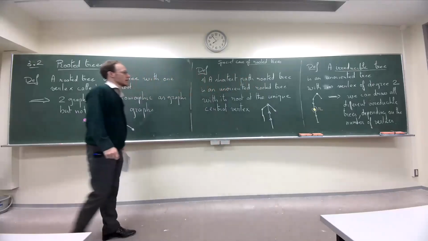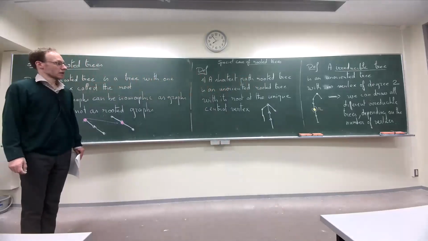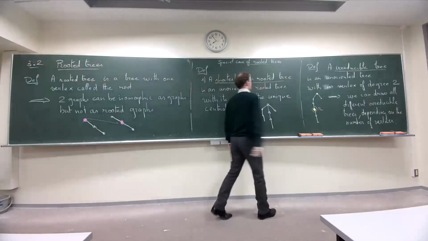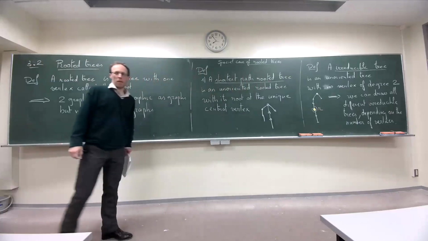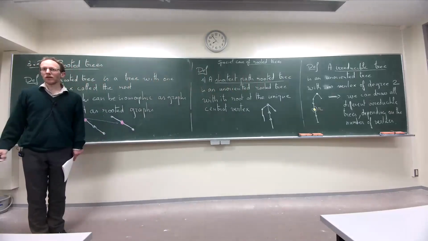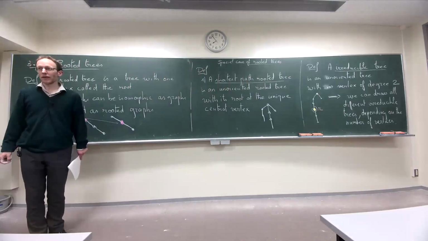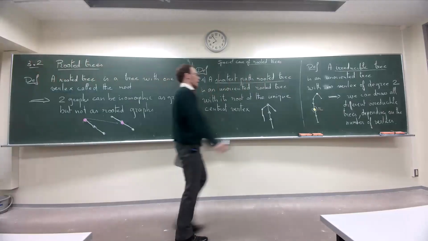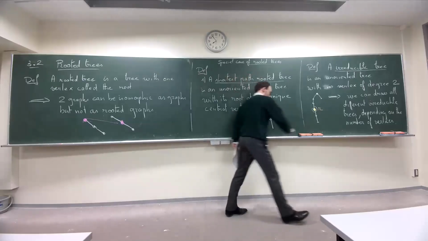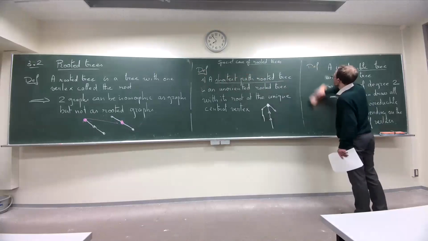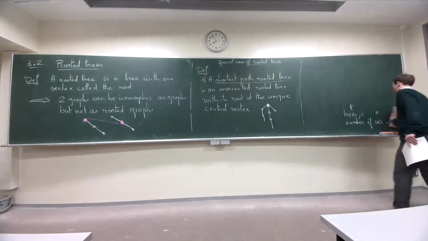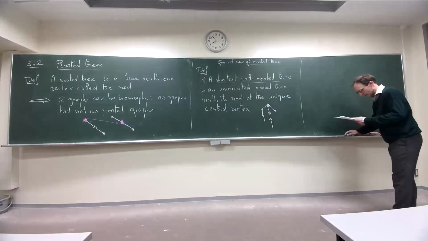This is a shortest path rooted tree. You can check, compute the distance between any 2 points, and the only one which is at a central place, or central vertex, is this one. This is called a shortest path, and in applications, these kinds of graphs are going to appear again.